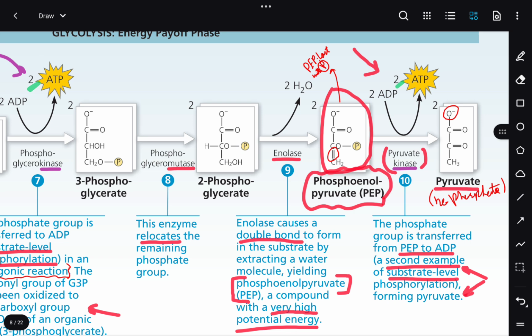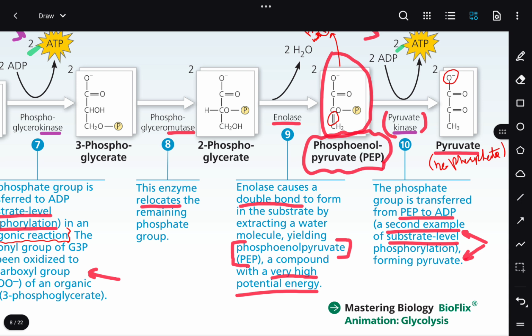What's so special about enolase and the subsequent product? It's that PEP, which is done on the 9th step by enolase, is the last product in glycolysis that has a phosphate group.